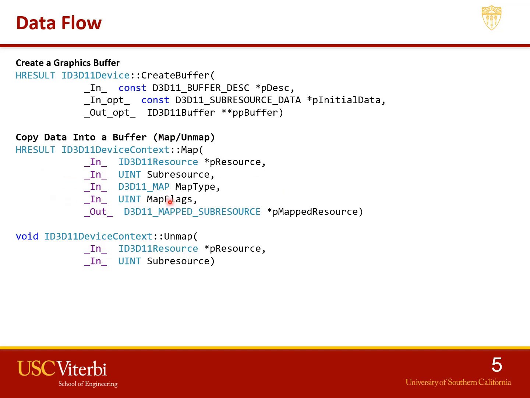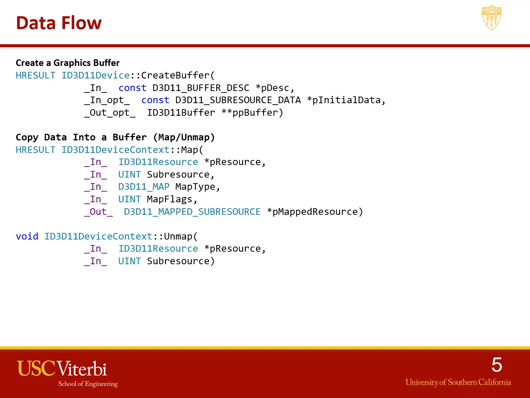What mapping really means is give me an area of CPU memory that I can write to. I can fill in my data in this location. And then later, when I'm done, I'll unmap it. When I unmap it, that says, okay, I'm done writing to it, and that will cause it to send that data over to the GPU at that time. And once it's done with that, then I can have that memory back.